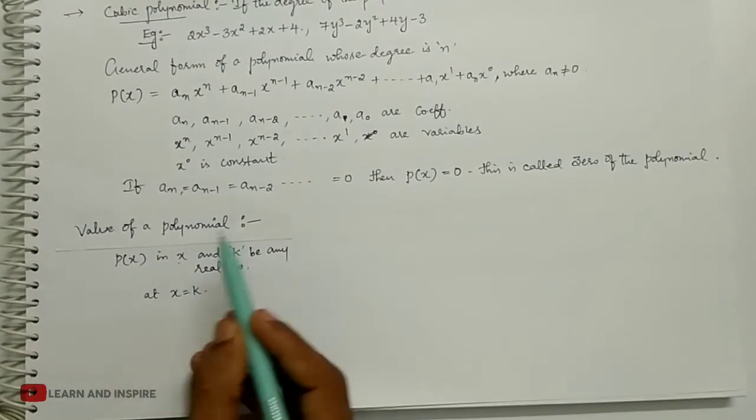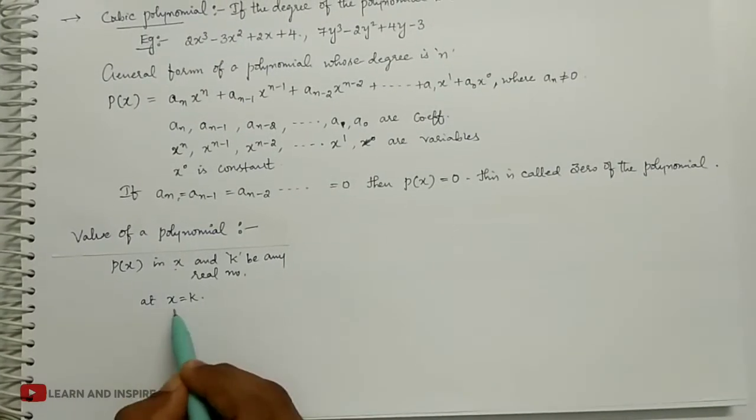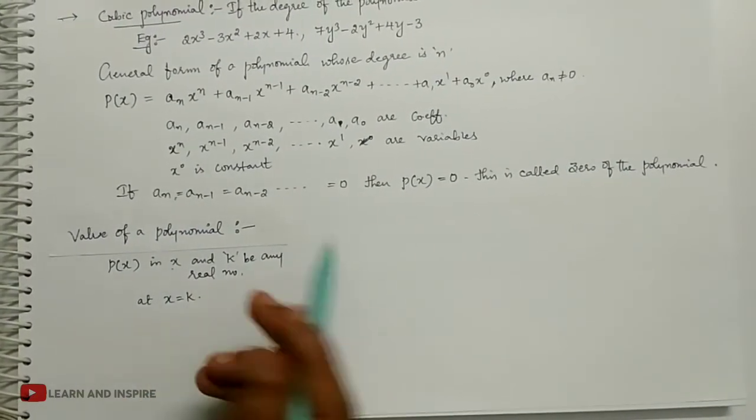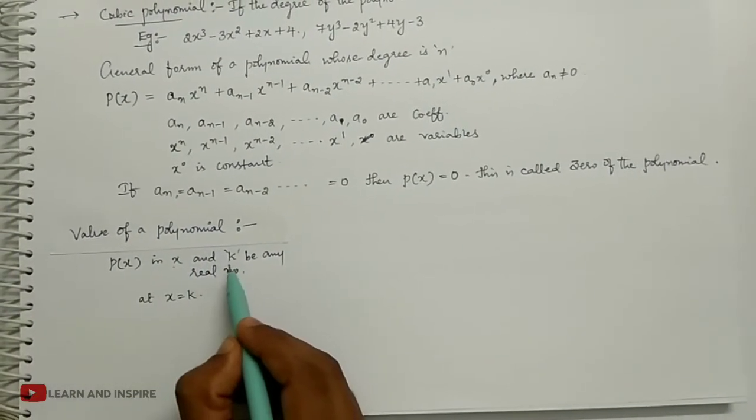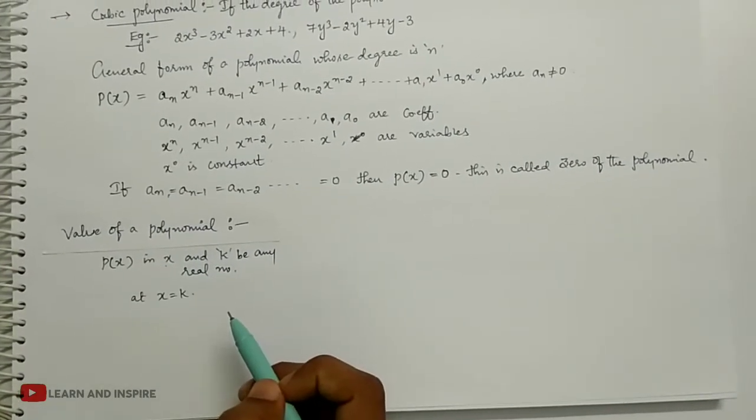Okay, the value obtained by replacing x by k in p of x, at x equals k. That means we have to replace the value of x by k, then we say that it is the value of a polynomial.